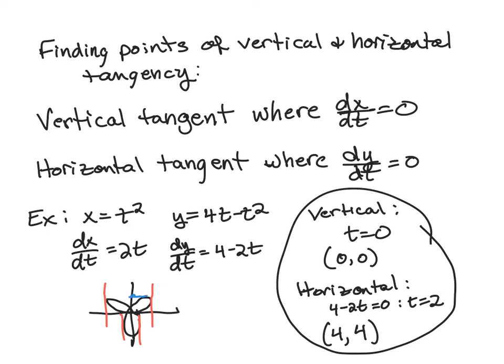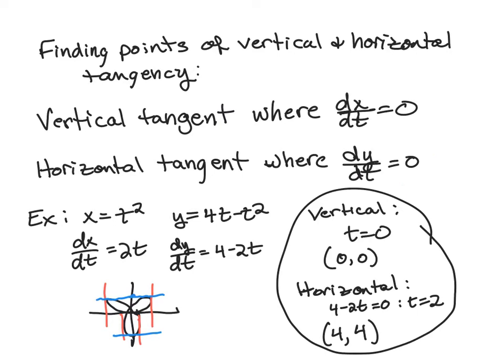Horizontal tangents will be where, I'm sorry, I said that wrong. Vertical tangents are where dy/dx is undefined, so it's where dx/dt equals 0. Vertical tangents are where dx/dt equals 0, and horizontal tangents are where dy/dt equals 0.